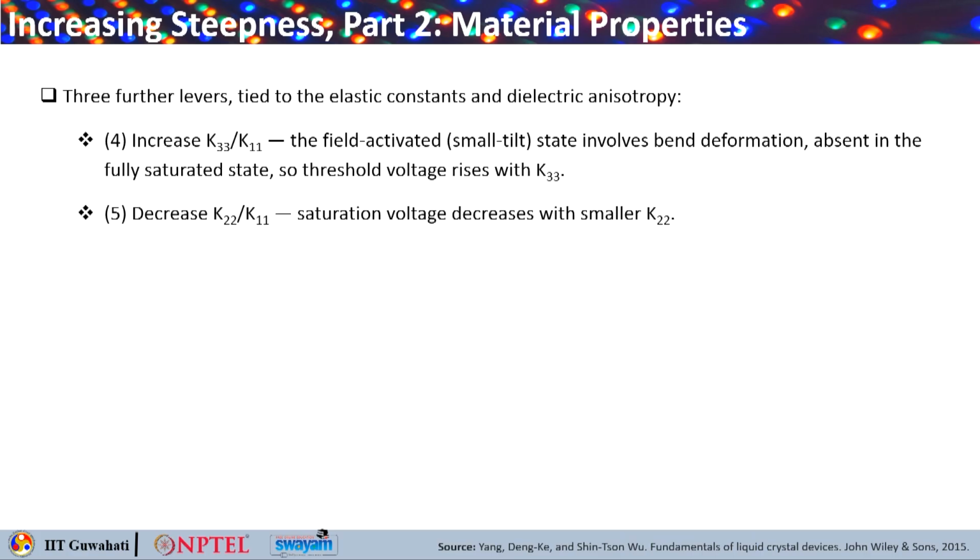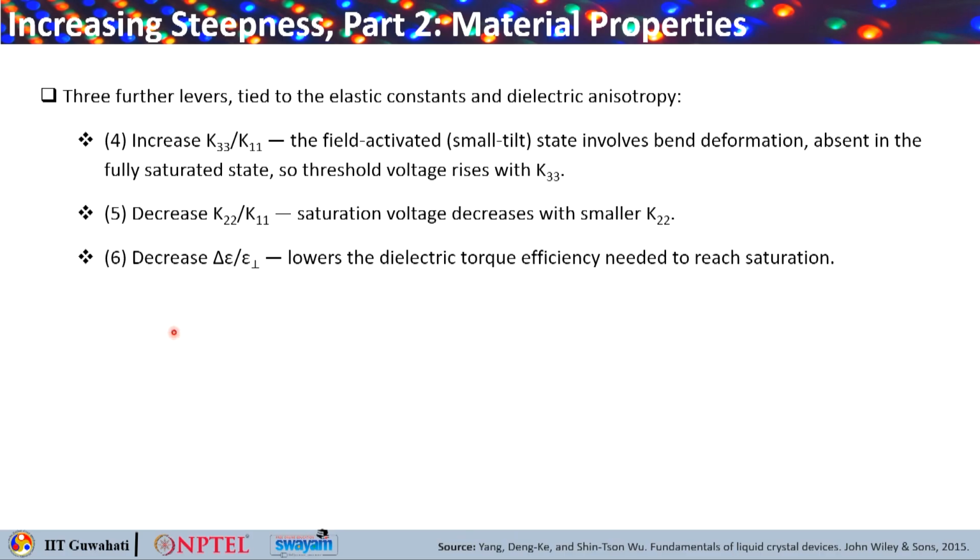Next, you can also decrease K22 over K11, so the saturation voltage basically decreases with smaller K22. The last method is that you can decrease delta epsilon over epsilon perpendicular, which basically lowers the dielectric torque efficiency that is needed to reach the saturation. So let us go into the details of each of these one by one.